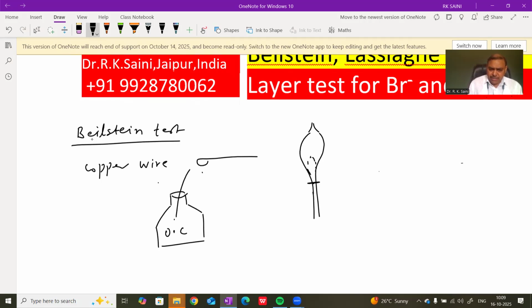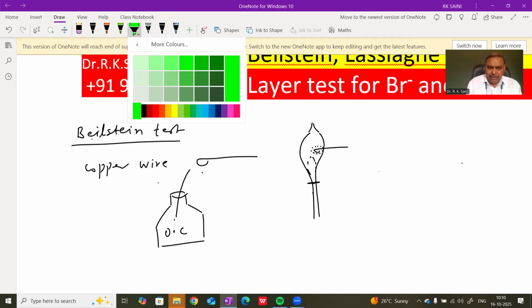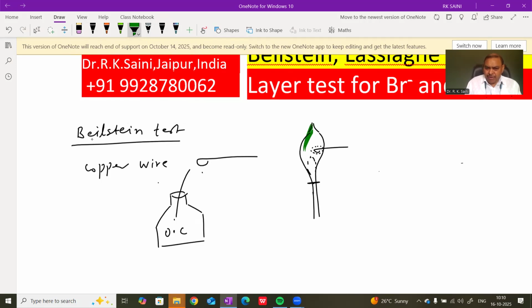Then the wire with the compound is further heated in the Bunsen flame. Then a greenish or yellowish green layer is imparted to the flame, and it is the preliminary test of halogens.